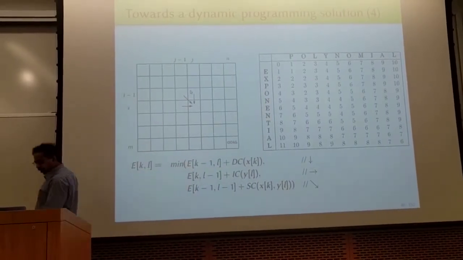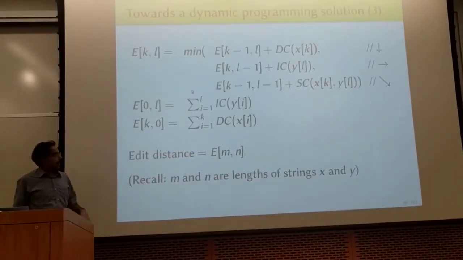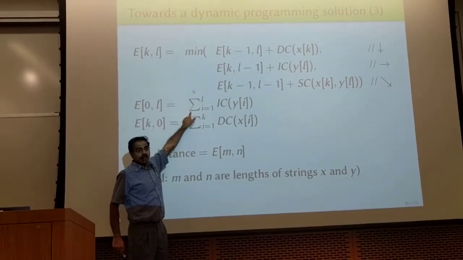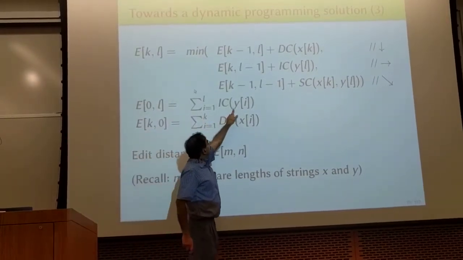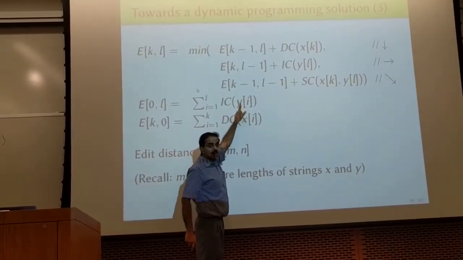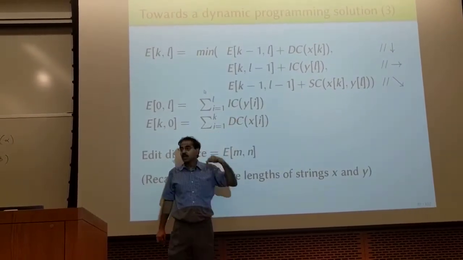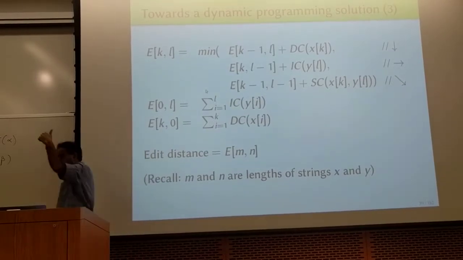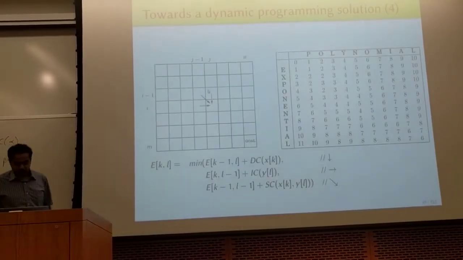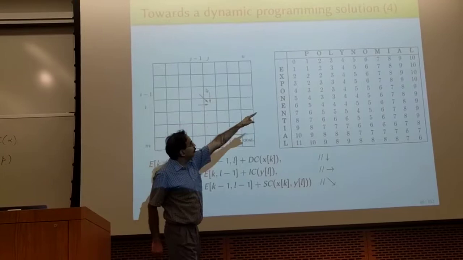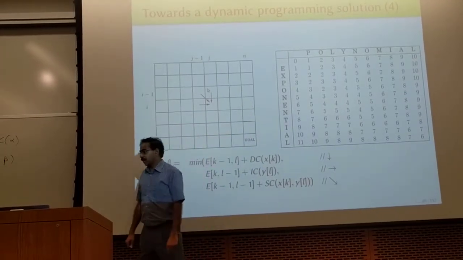The first column and the first row are being initialized using this formula, right? And because all of these costs IC of yi is all equal to 1, that means as you go to the right or as you go down in the first column, the values are going to increase by 1, right? So that's why you have 0 through 10 and 0 through 11.